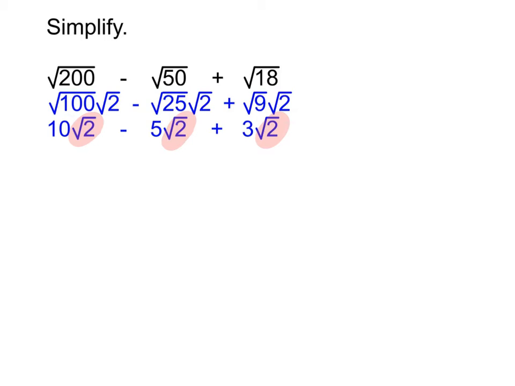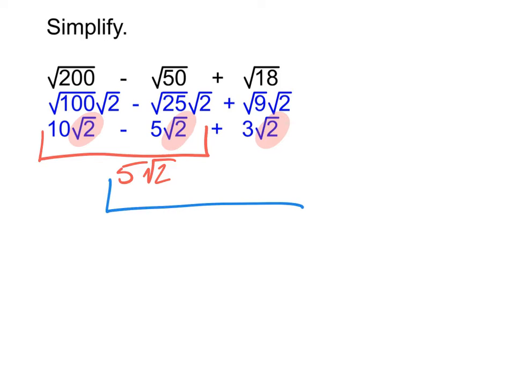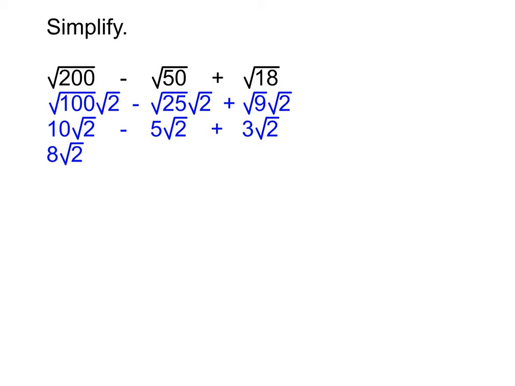So I have 10 root 2's, and I take away 5 root 2's. That's going to leave me with 5 root 2's. And then if I then add 3 root 2's to the 5 root 2, I end up with 8 root 2's. And so that's our answer here, 8 root 2.